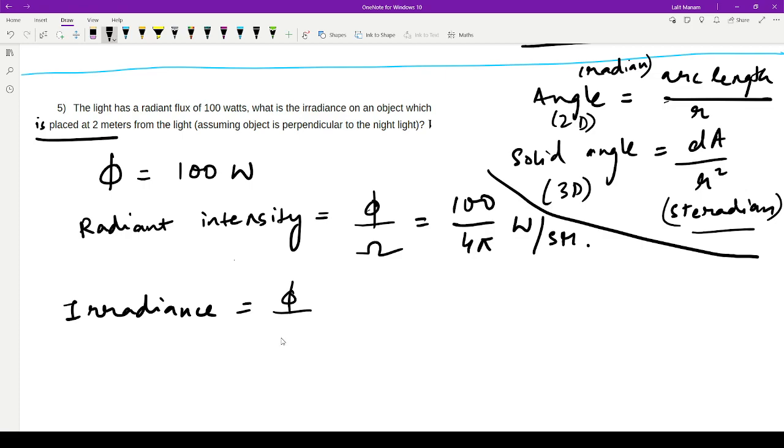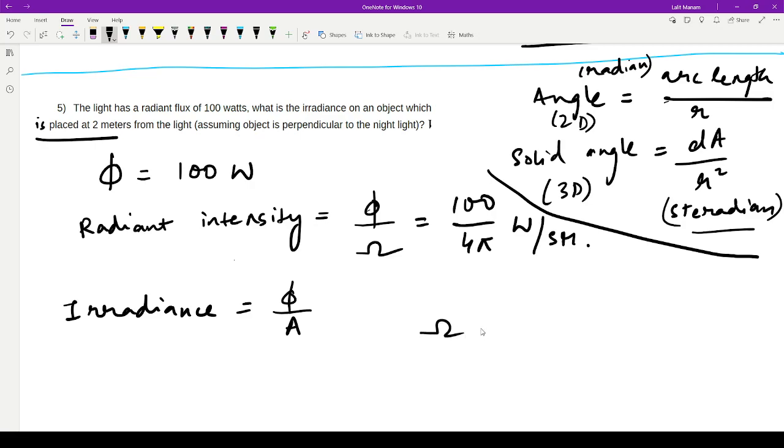What's the usual definition of irradiance? d phi by dA. I'll just remove d here because we are taking the whole surface out here. We are taking the aggregate and not specific small values. The irradiance is phi by A. And then this radiant intensity is phi by omega, and omega is what?